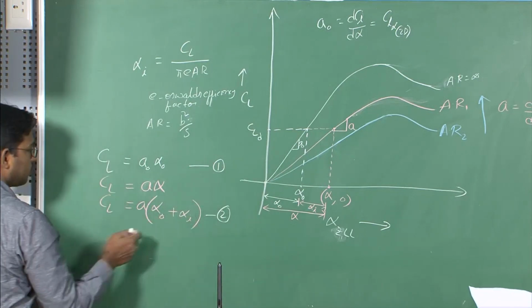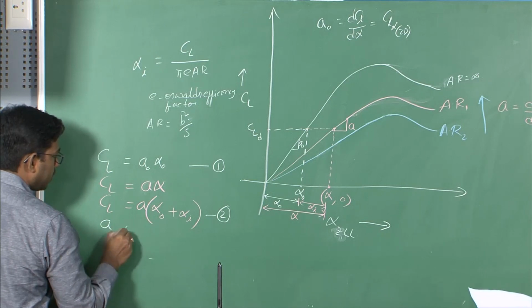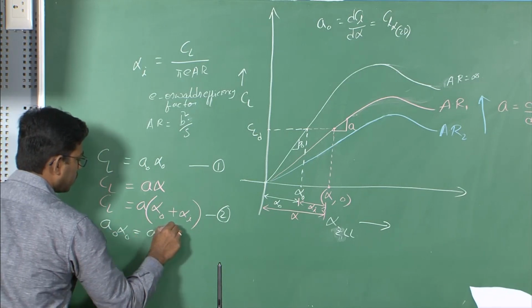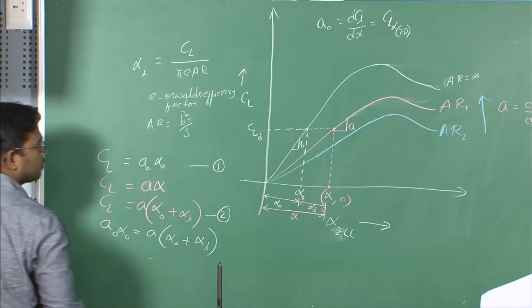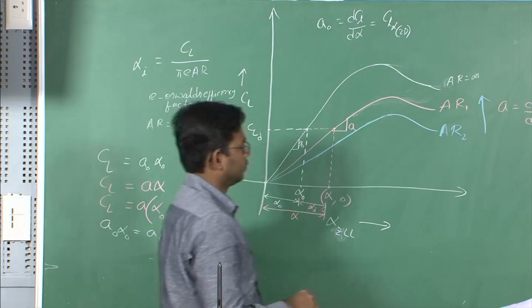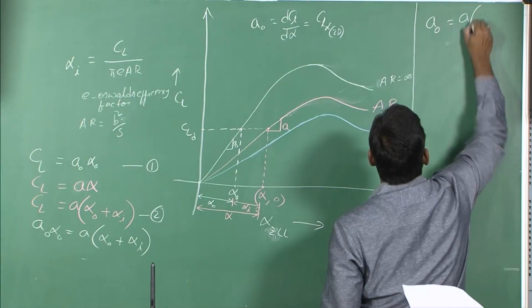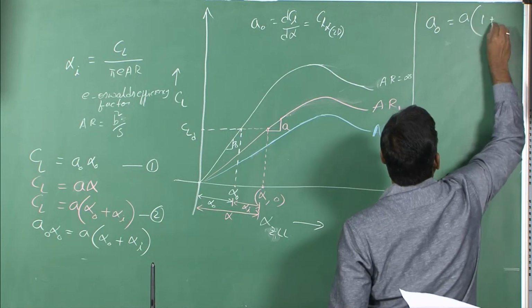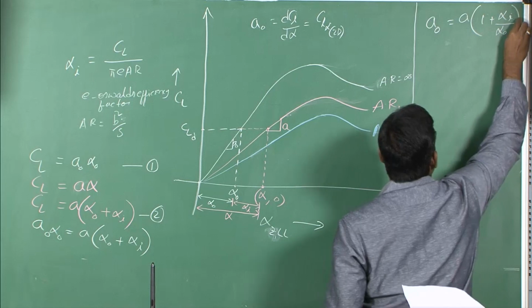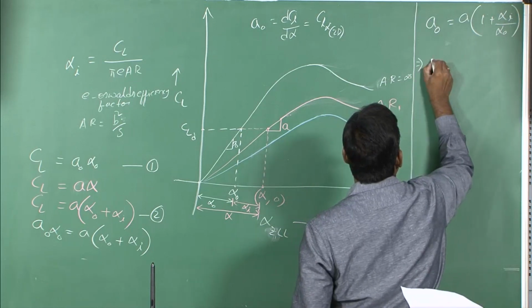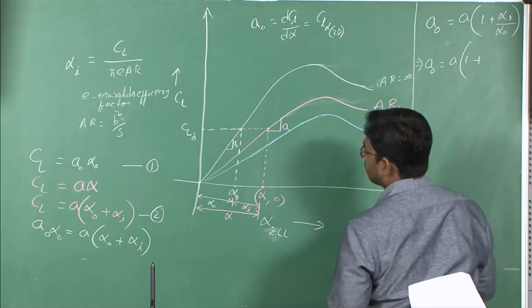So from equations 1 and 2, what we have is A naught into alpha naught is equal to A into alpha naught plus alpha I, okay. From here A naught is equal to A into 1 plus alpha I divided by alpha naught.